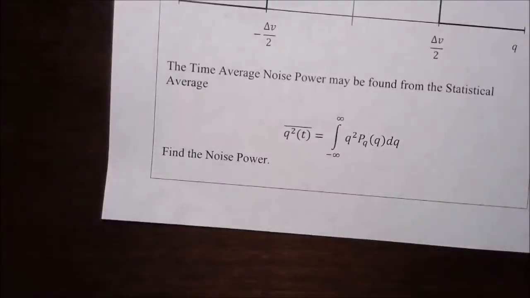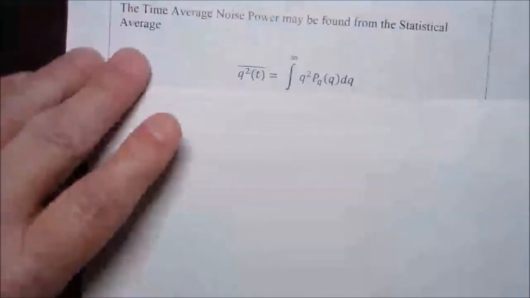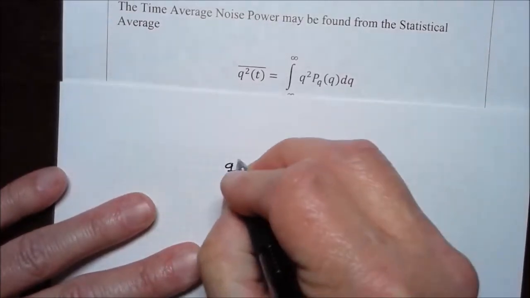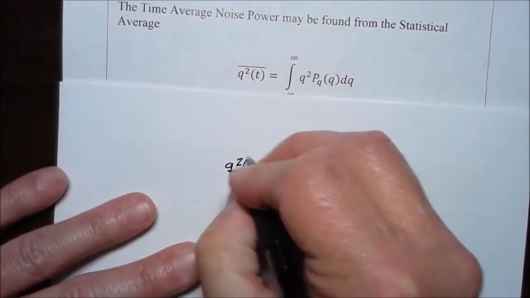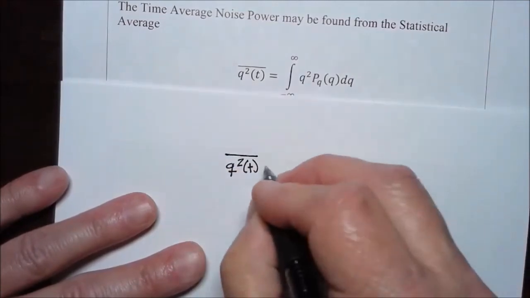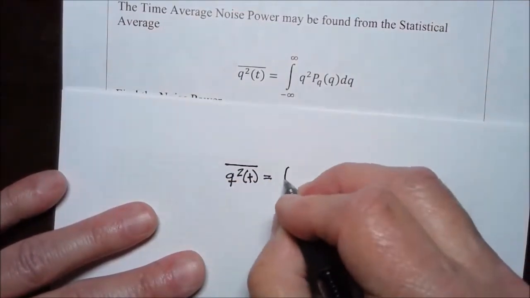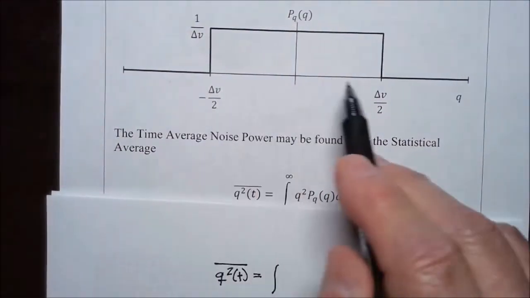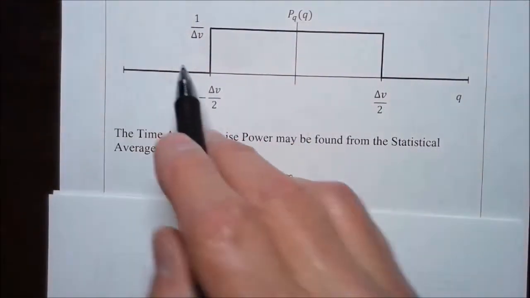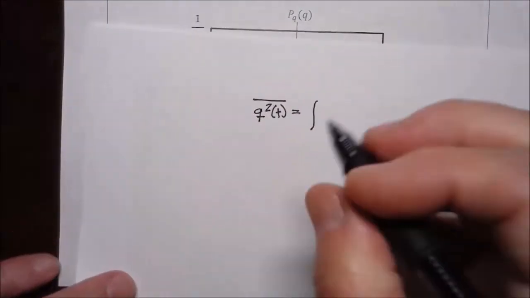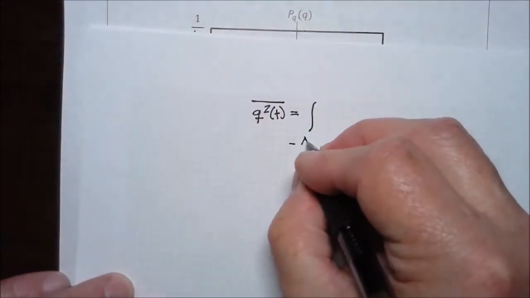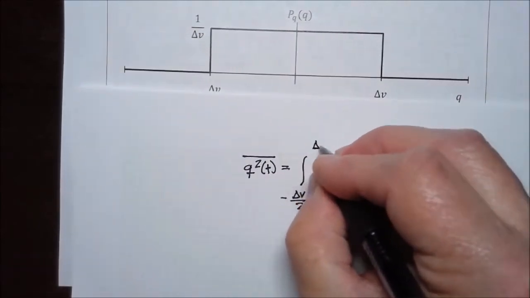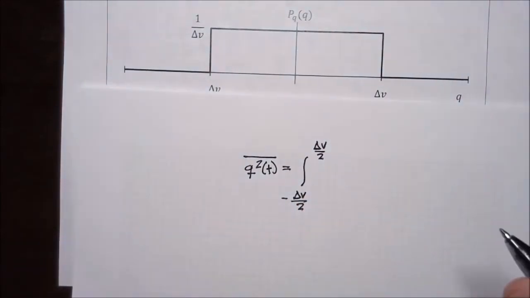When we set up this integral, it will look like this. We will have the time average of the error signal. This will give us the noise power. It's going to be equal to the integral, and we only have to integrate from minus delta V over 2 to plus delta V over 2 because we have a 0 everywhere else. So that's minus delta V divided by 2 to plus delta V divided by 2.